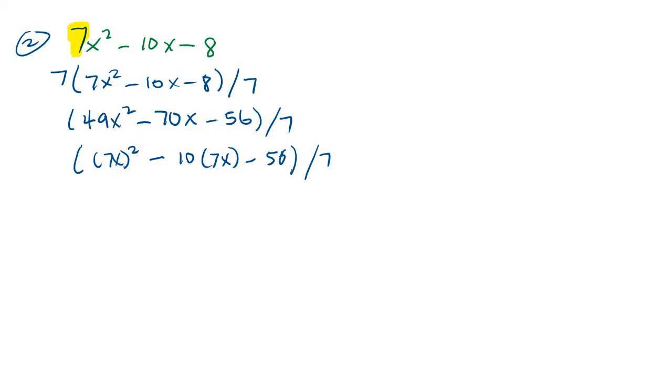Now I'm going to use my u substitution, so let 7x be u, so it will look like this: u squared minus 10u minus 56.